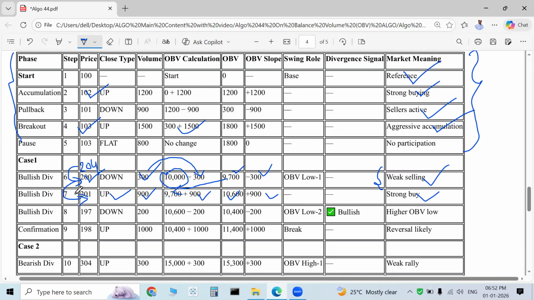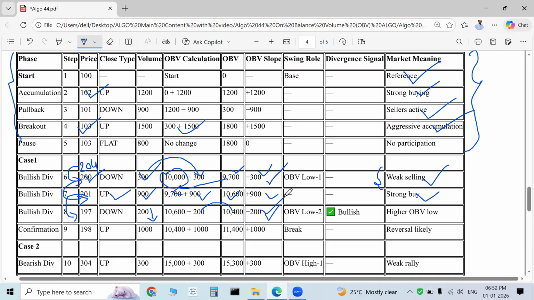Now the price again moves down, but you can see the volume decreases, so we are going to subtract it. The slope is negative, but it is a very small negative. Previously the slope was minus 300. Now the slope is only minus 200.